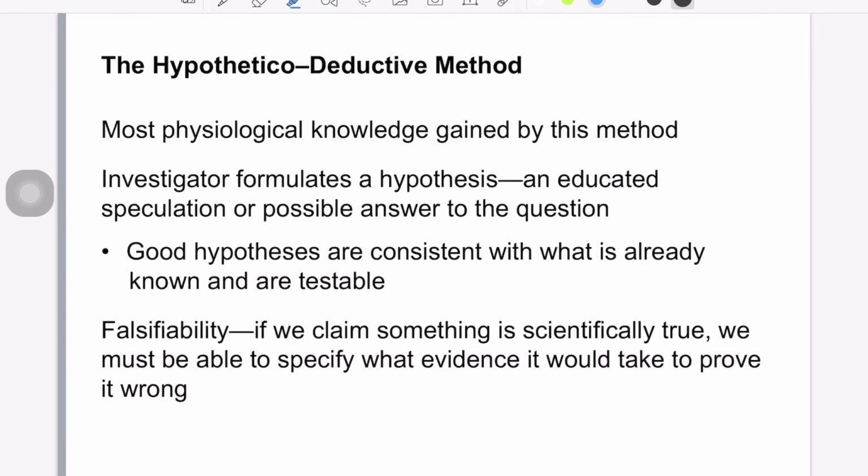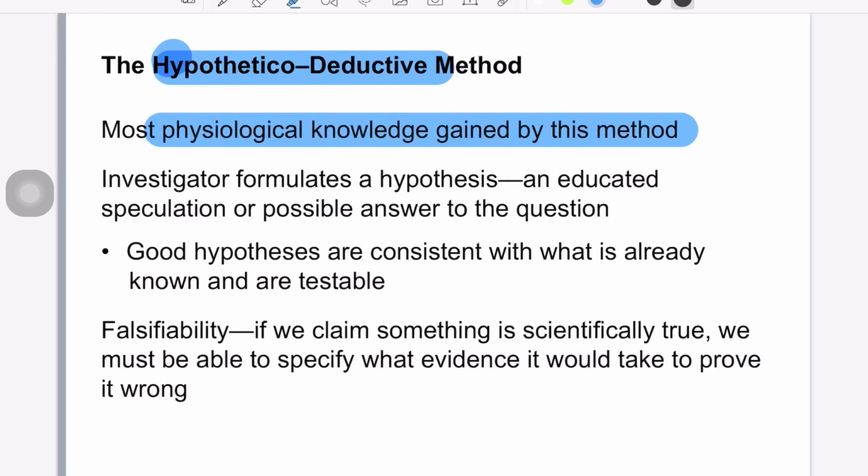The second method is basically the hypothetico-deductive method, where you use hypothesis and deductive reasoning. This is how most physiological knowledge is gained, and this is what most people think is science. You develop a hypothesis. Now, what's a hypothesis? It's not just any wild guess. It's an educated guess or speculation. Speculation is probably a better word, because guess makes it sound like you're just making it up.